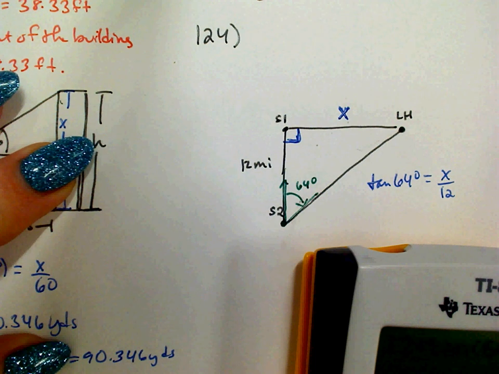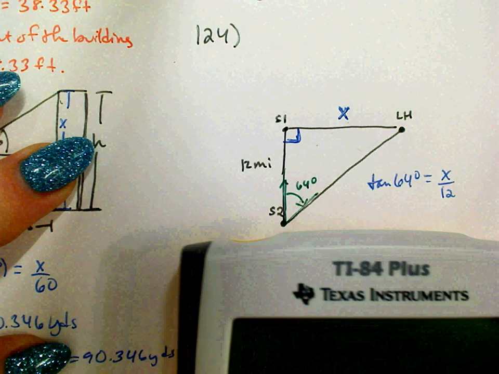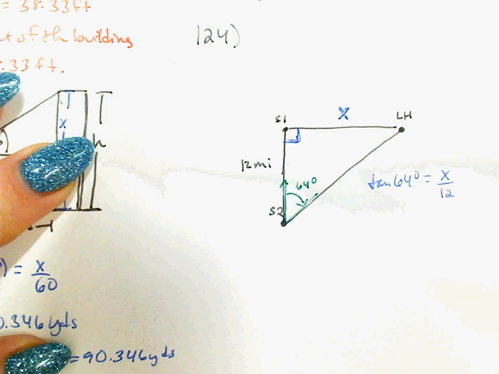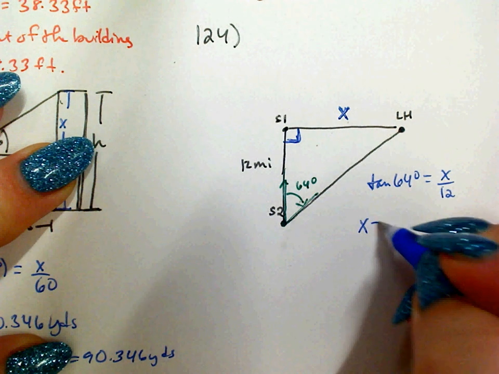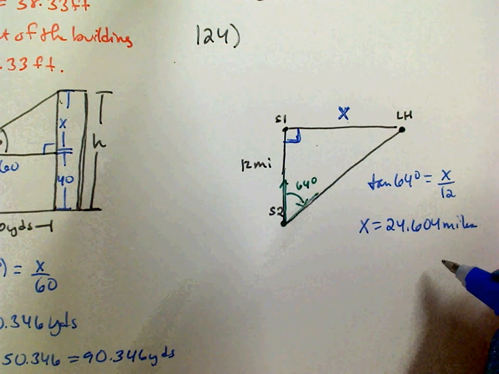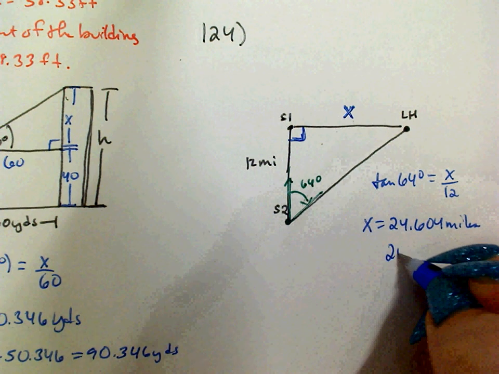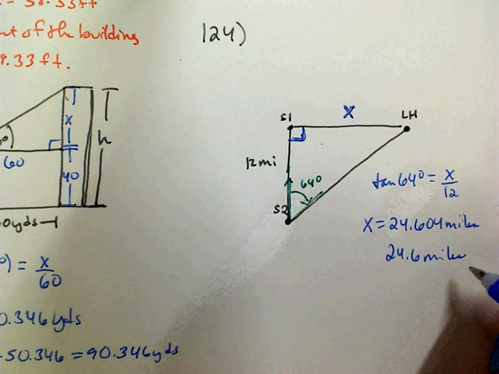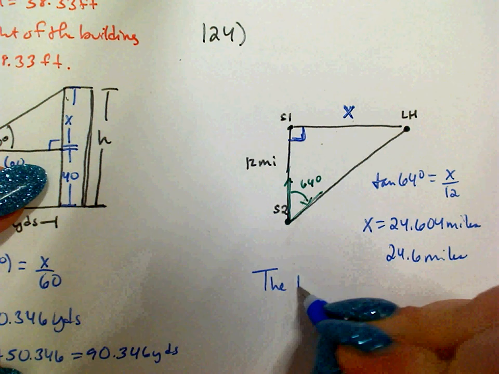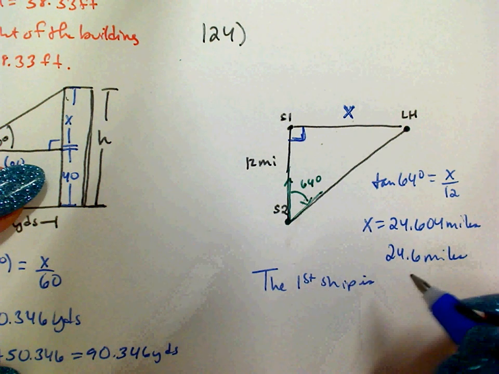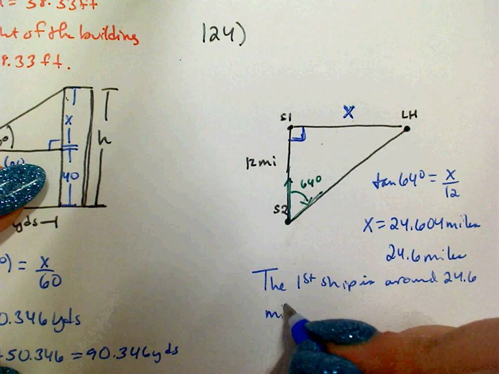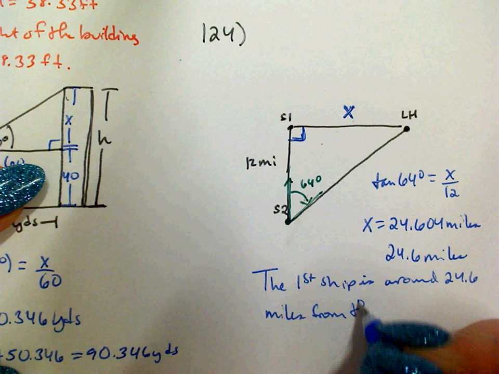And that gives me 24.604. And to the nearest tenth of a mile, so 24.6 miles. Okay, the first ship is around 24.6 miles from the lighthouse.